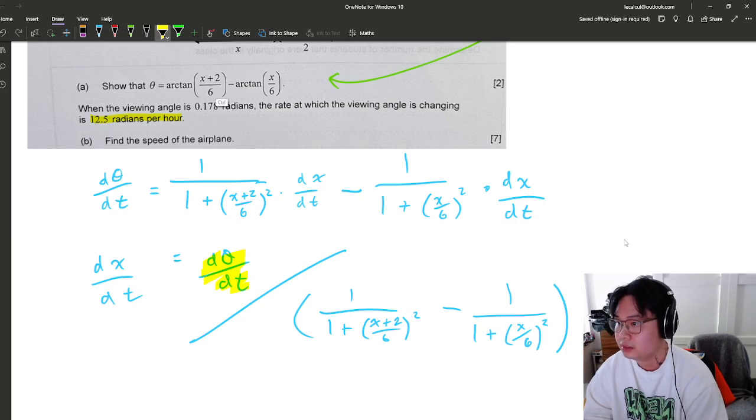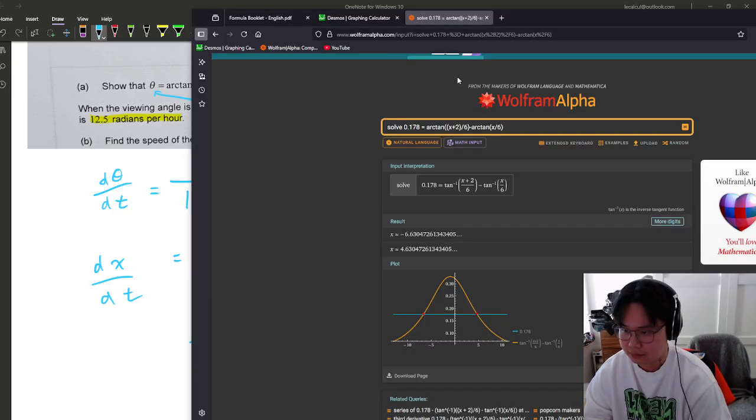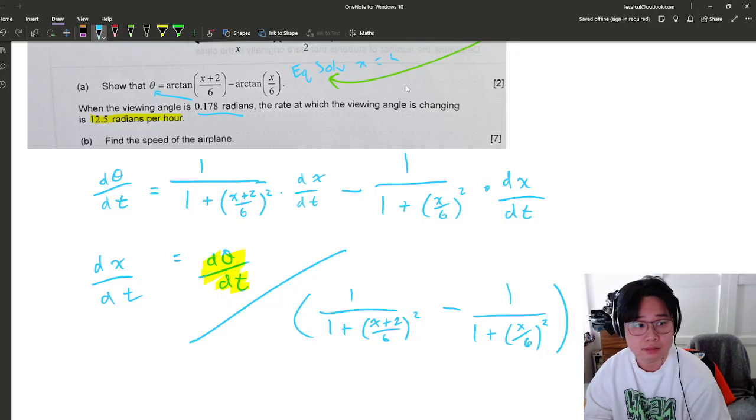So this goes in here, and then we equation solve for x, 4.63.